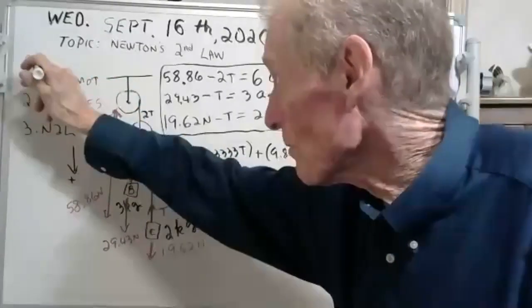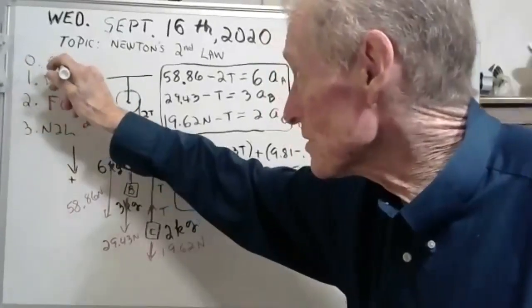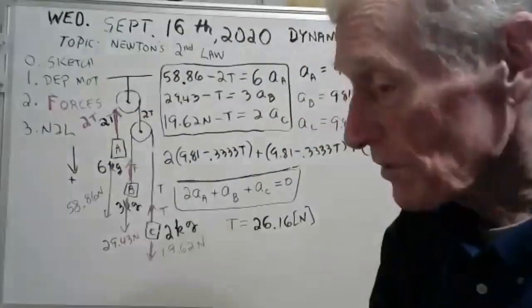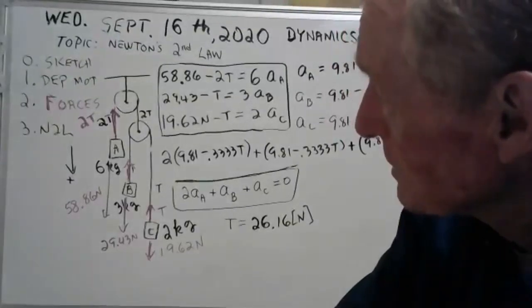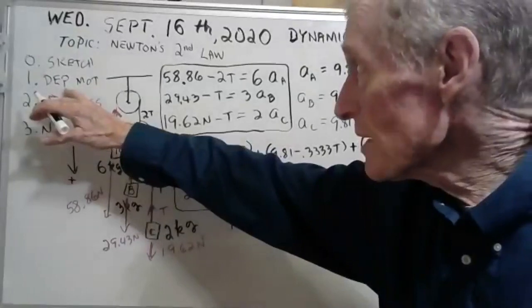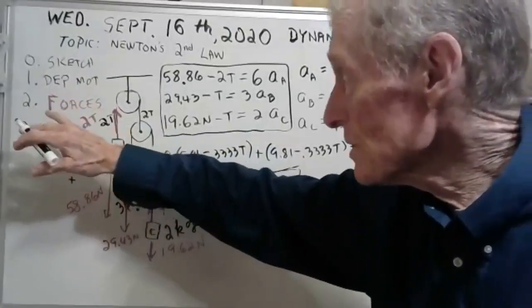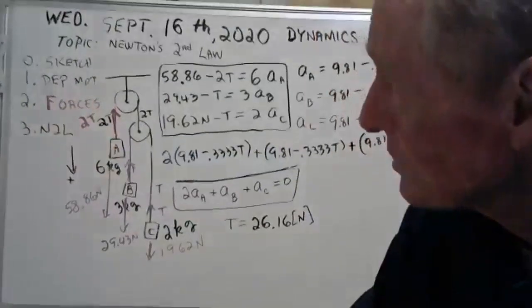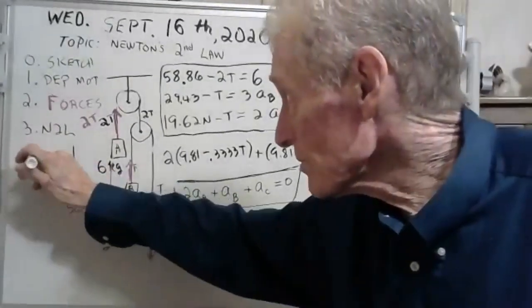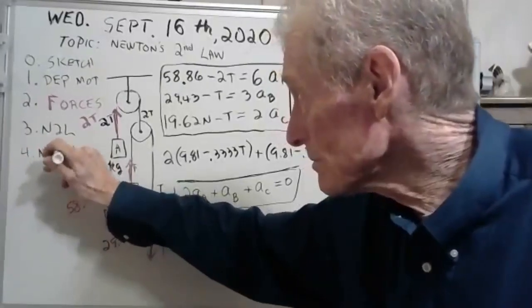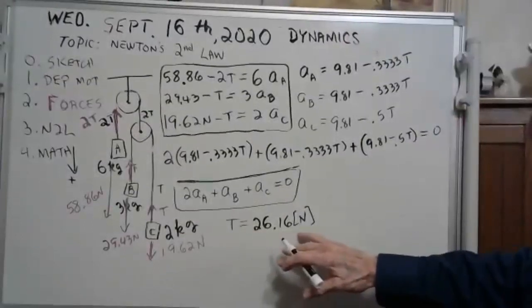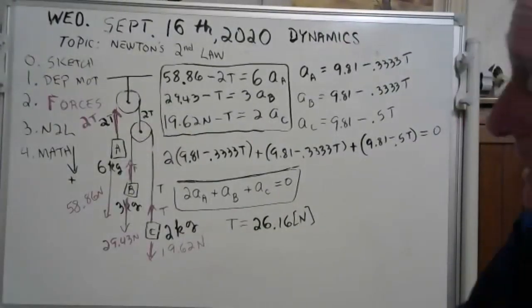Here, step 0 is your sketch, and include all the symbols, tensions and all that. Then step 1 is your dependent motion equation. Step 2, put all your forces on there in red. Step 3, you write your Newton's second law. Step 4, you do some math. That's what my friend Nicholas did. He got the 26.16.